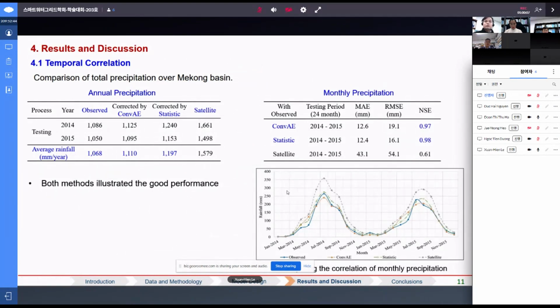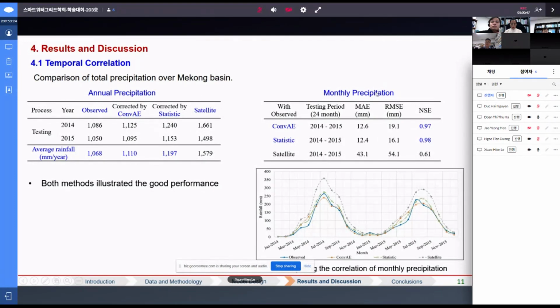First is in terms of the temporal correlation. The comparison of total precipitation over the Mekong River, by annual precipitation and monthly precipitation, is shown in this slide. For the annual precipitation, in the left table, we can see the data corrected by the deep learning model and the statistical method show good performance, with accurate rainfall over the Mekong River basin close to the observed data.